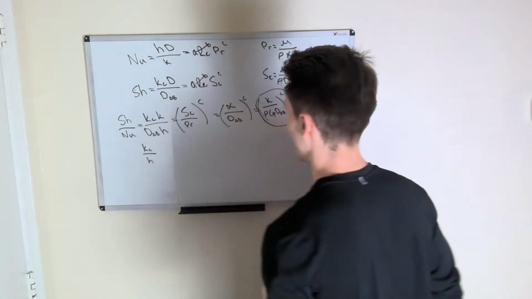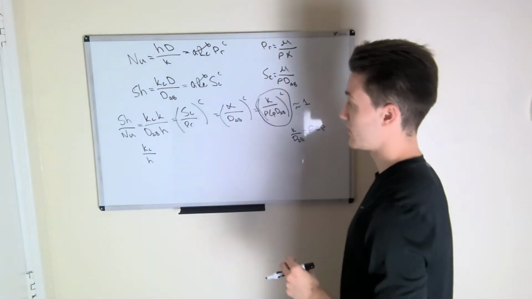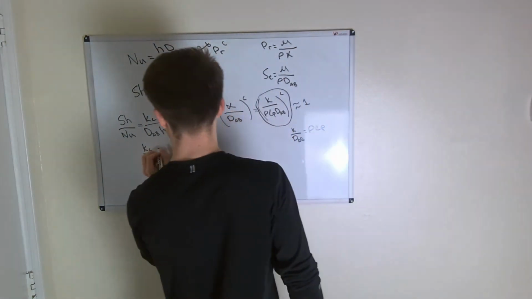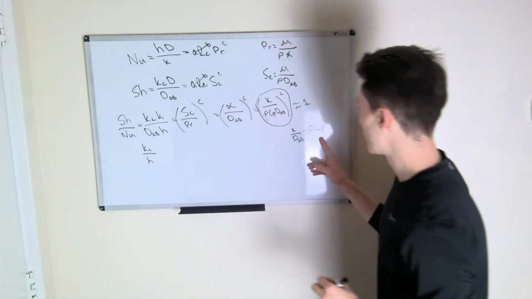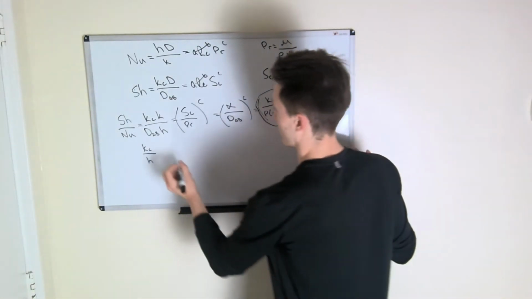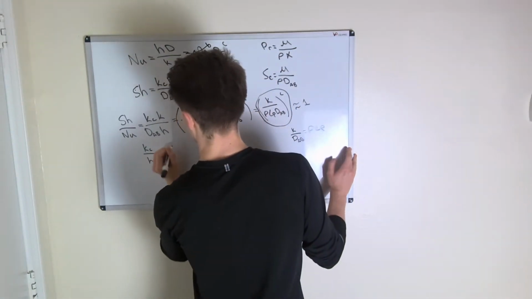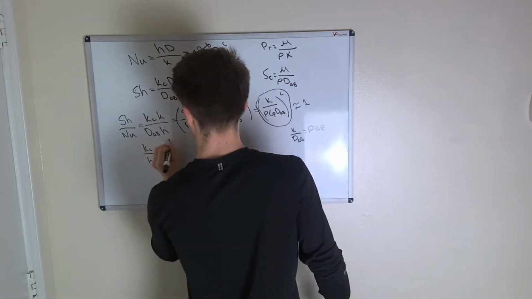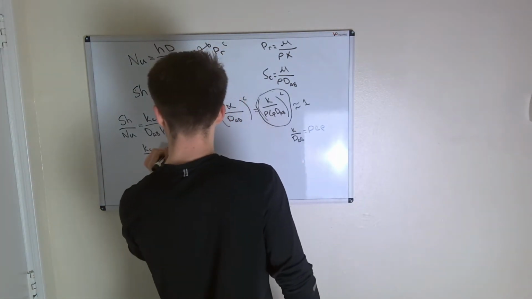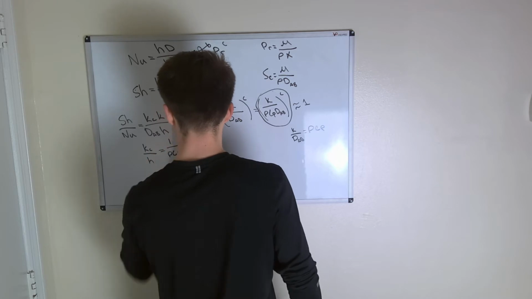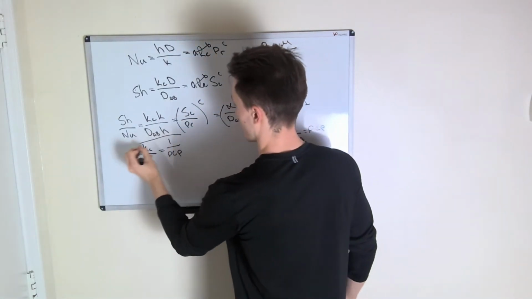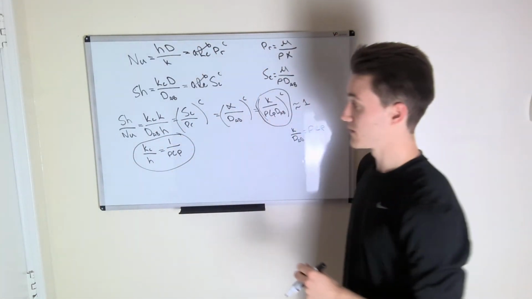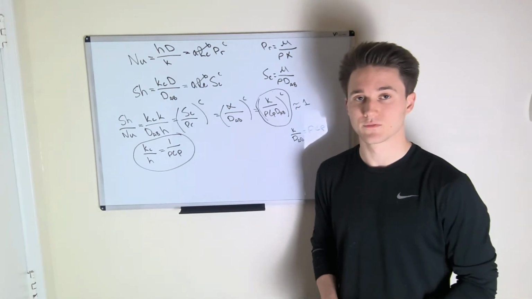Because K over DAB is then equal to rho Cp, and that is then equal to 1 over rho Cp. And this right here is known as the Lewis relation.